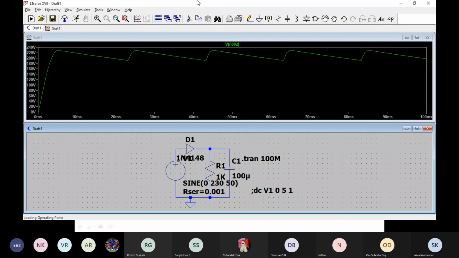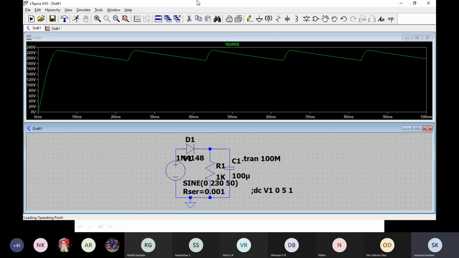You could see the difference with capacitor and without capacitor. So this is with the capacitor.